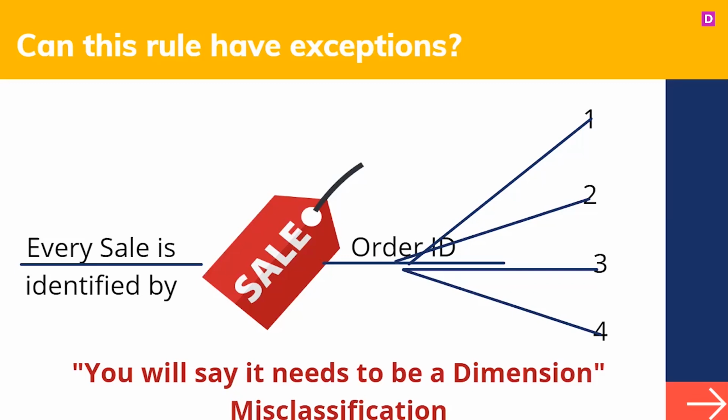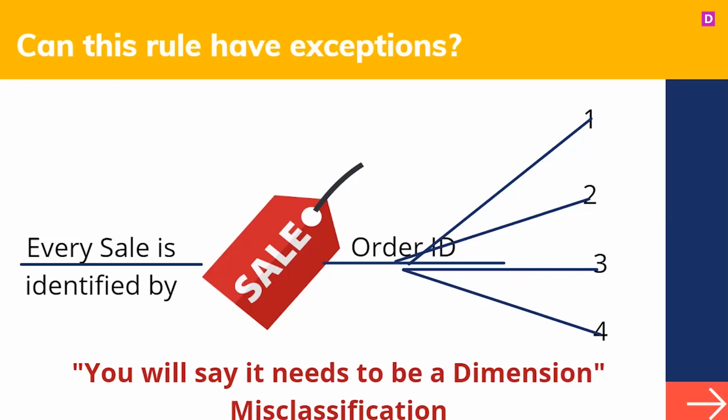By order ID, you will want to find out the sales. By order ID, you will slice it and try to find out how much revenue we got per order. Okay, so this is a sliceable component, so this could be identified as a dimension.